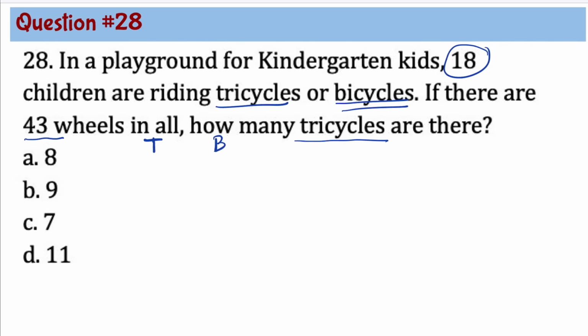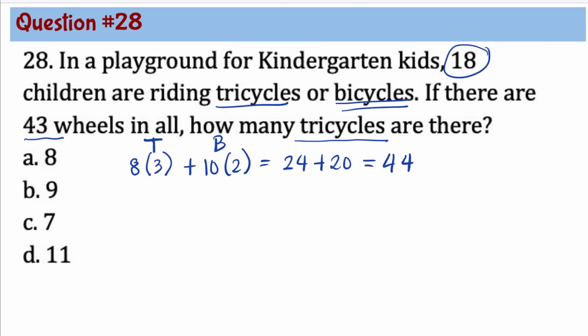So for option A, if there's 8 tricycles, then we need to multiply by 3 because there's 3 wheels. And if there's 8 tricycles, that means that there will be 10 bicycles because there's 18 children total. So 10 times 2, and that gives us 24 plus 20, and that is 44.